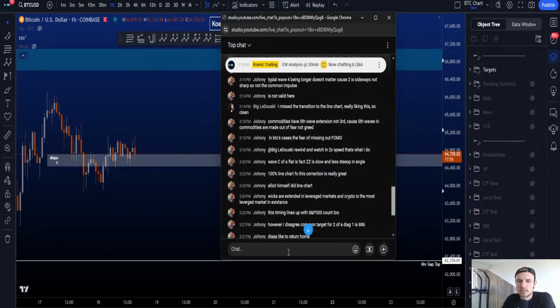Also, something that's also a thing is that on a weekly time frame or higher, it is more common, not most common, but it is more common for a wave 5 to have the highest volume, which causes the blow-off tops. Below the weekly time frame, wave 3 commonly has the highest volume.